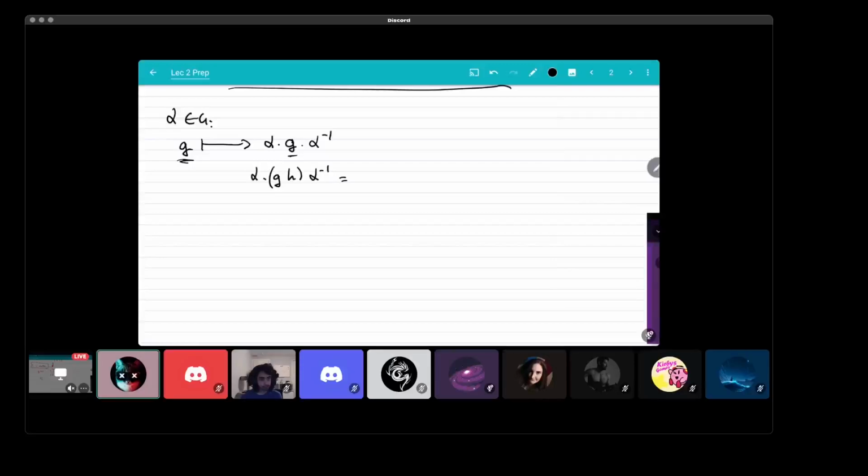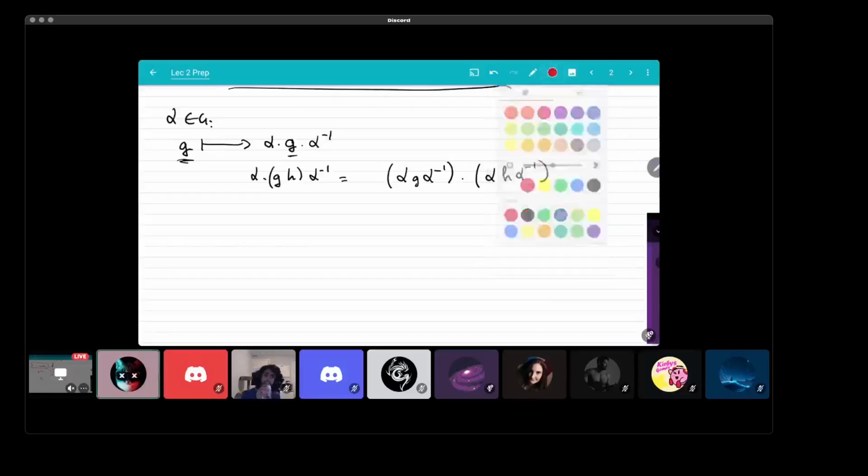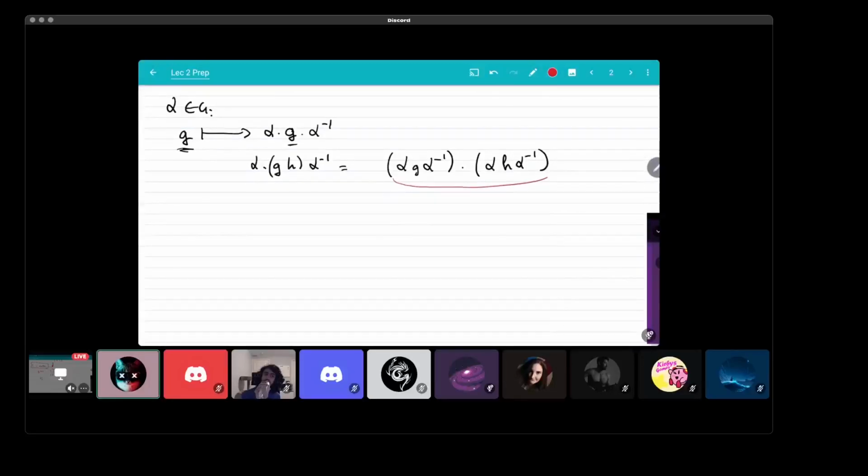We want to show that alpha gh alpha minus 1 is equal to alpha g alpha minus 1 times alpha h alpha minus 1 in order to satisfy the automorphism check. On the right hand side, by associativity, I can remove the parentheses and cancel this out to the identity. So it's equal, and so it's a morphism.